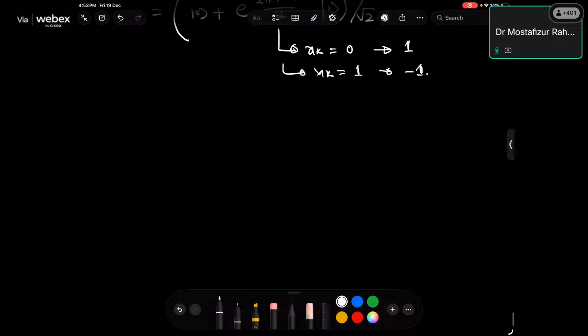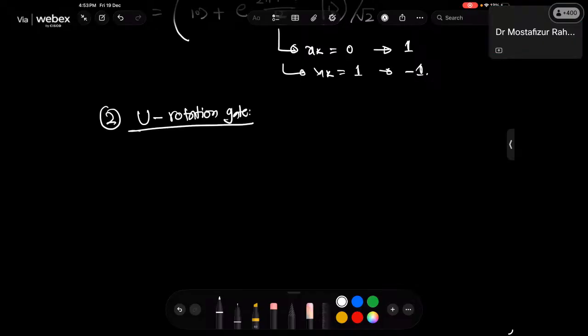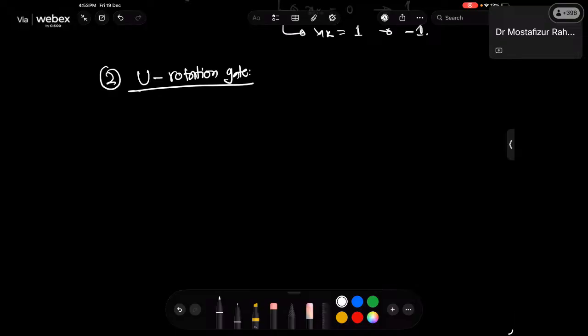And second, I have a most important thing, the U rotation gate. The U rotation gate on the kth qubit, if that qubit state is xj, is e to the power 2 pi i by 2 to the power k xj, ket xj.